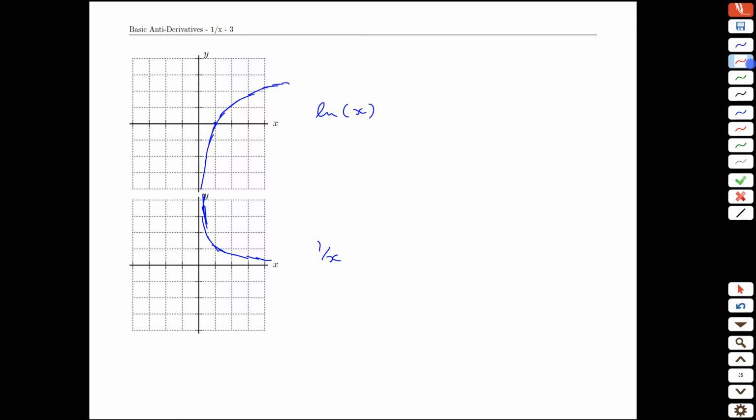If we look at slopes on this graph, where the slope is 1, the value is 1. When the slope is getting flatter, the values are getting smaller, still positive, and we get steeper and steeper slopes. Those translate to higher and higher values. So we have a nice relationship between the graph of ln of x and its derivative.